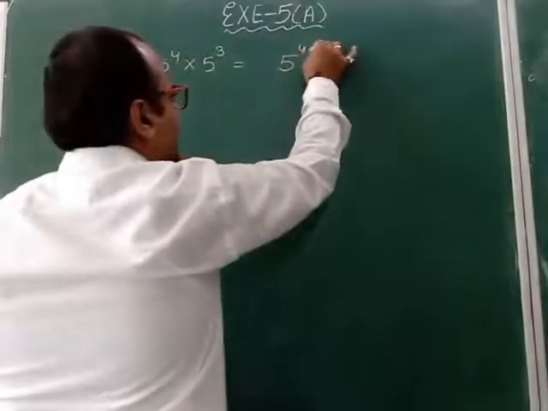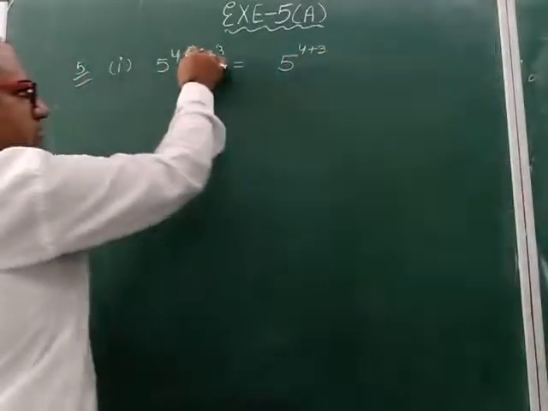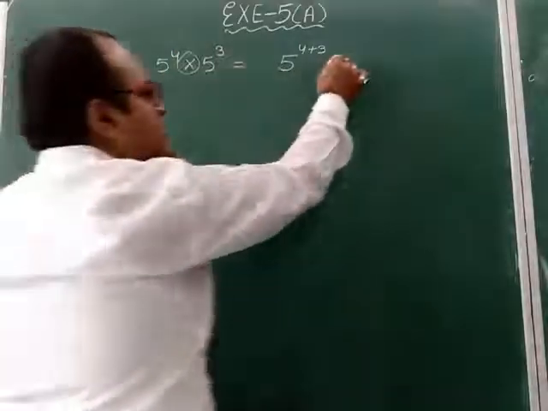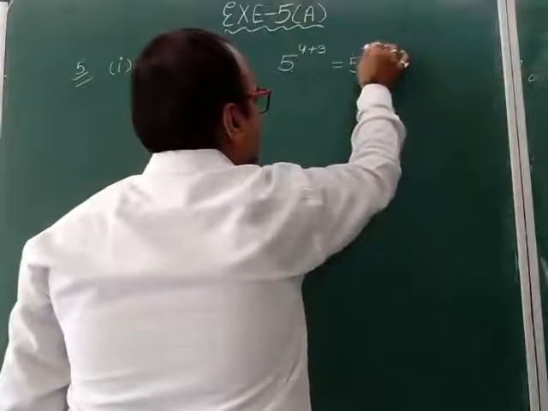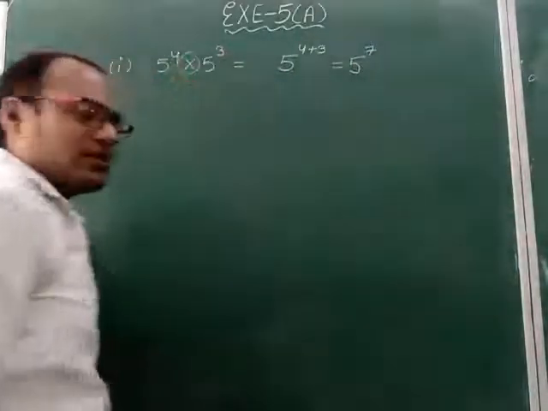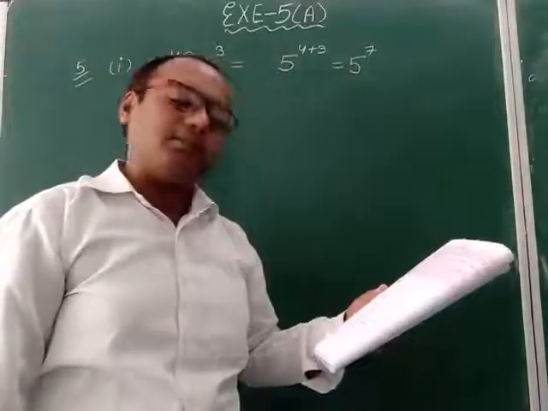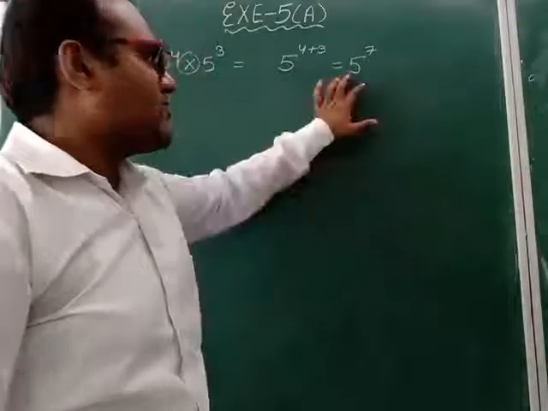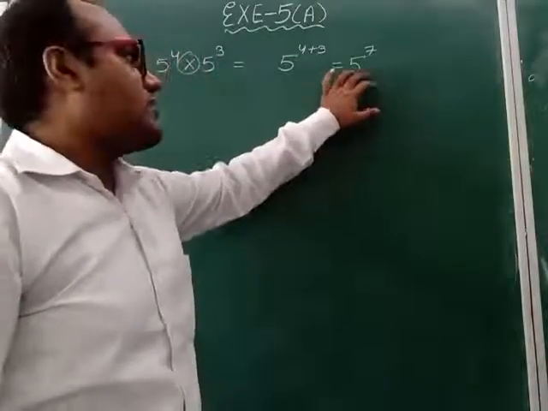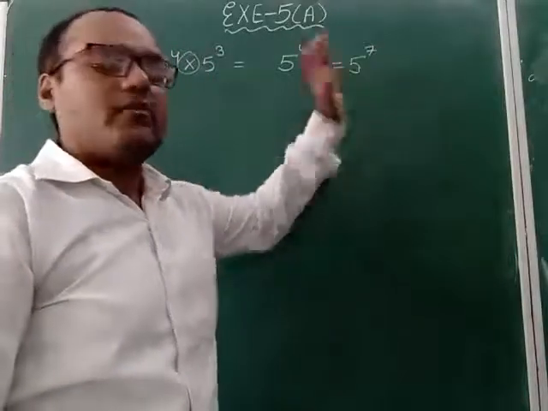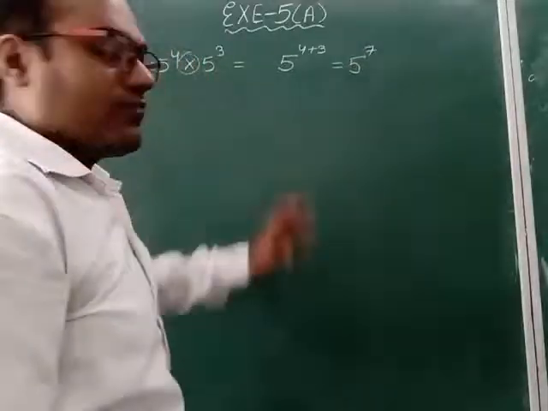So in the power we write 4 plus 3, because of this multiply we add the power. So final answer is 5 raised to the power 7. In the question heading it is written, write your answer as a power of prime number. So 5 is a prime number, and we have written the power also, 5 raised to the power 7. So this is the answer of your first part.